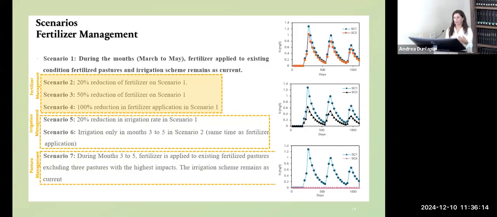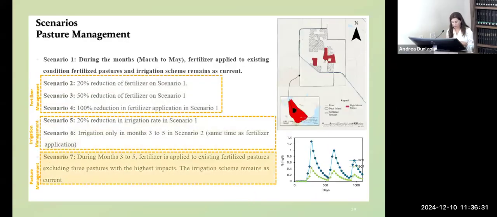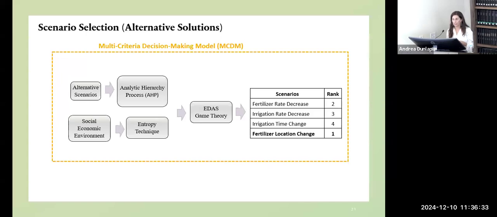Socially, there is no acceptability for that. The farmers, the ranchers, they don't like it. The only thing that is very high there is the environmental index. So what these management models do is consider all of them together to see which scenario is the best.